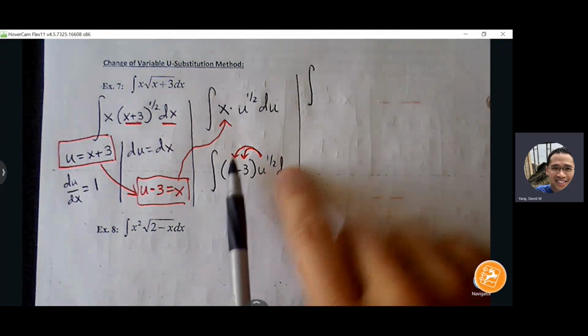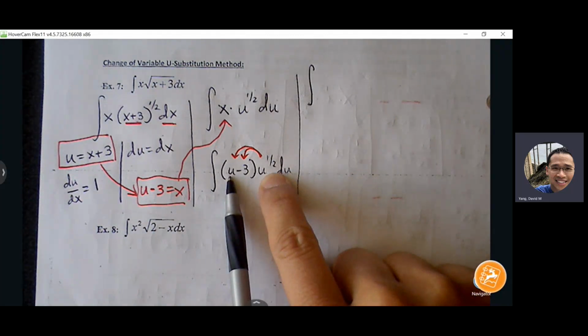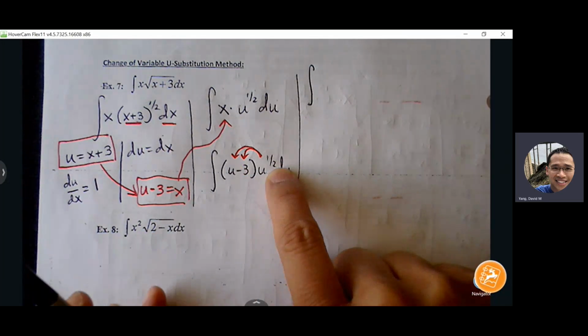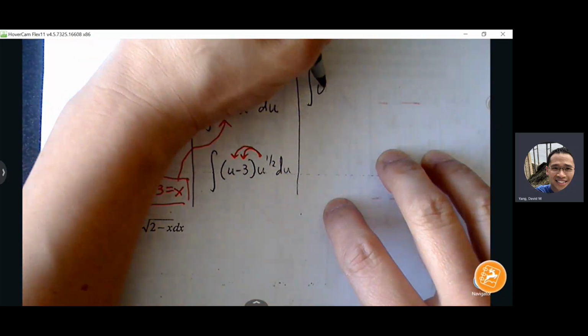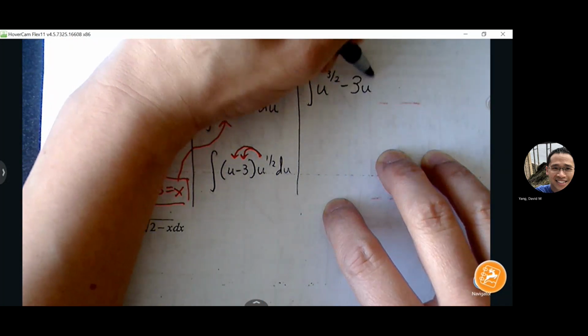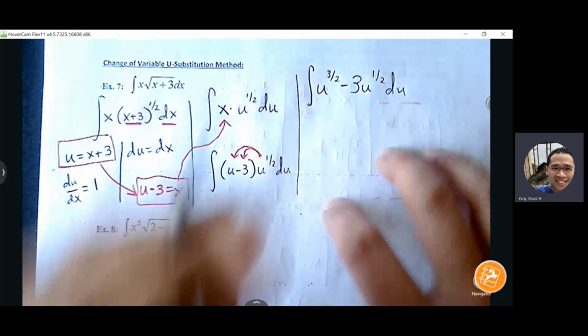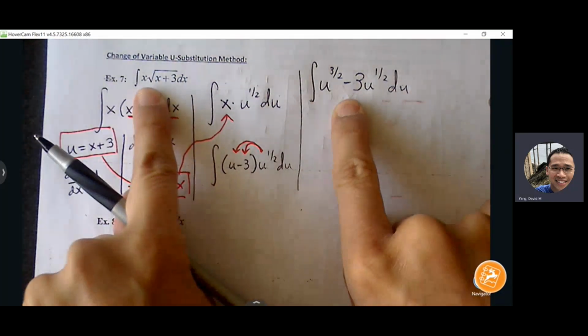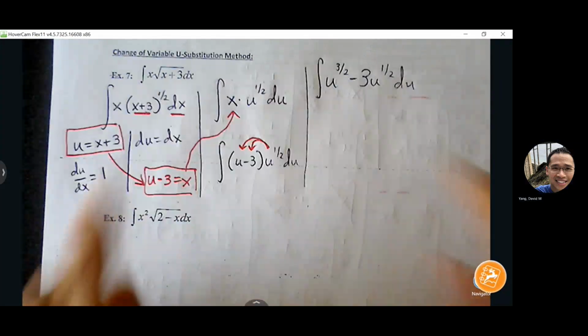Okay, so u to the 1/2 times u to the first power, I do what with the exponents? Add, so 1/2 plus 1 is 3/2. Okay, so now it's a nice, clean power rule problem, right? More manageable than what we began with.